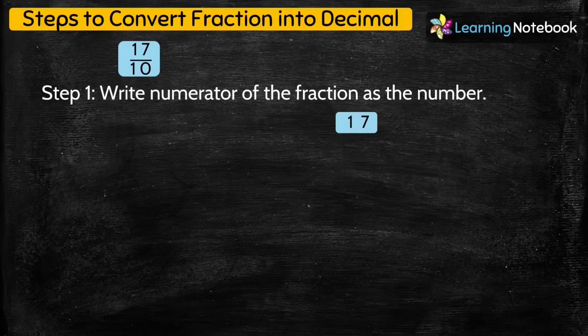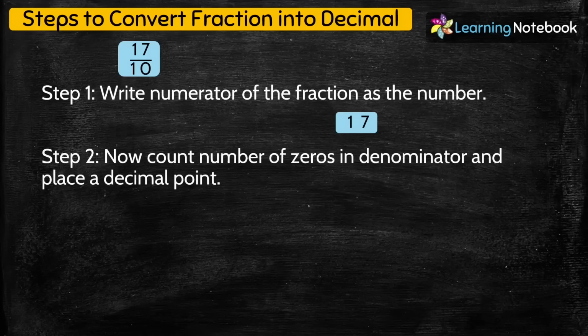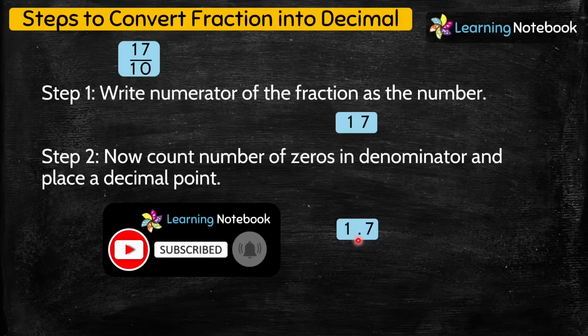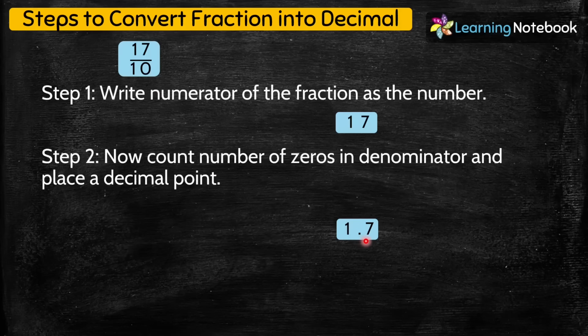Now, in step 2, we will count the number of zeros in the denominator and place the decimal point. So students, here the number of zeros is 1. So we will put the decimal point at one decimal place, that is, we will write the number as 1.7.